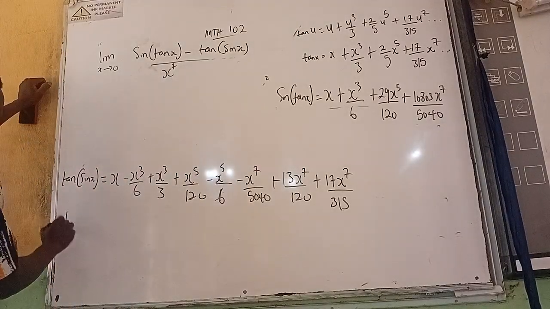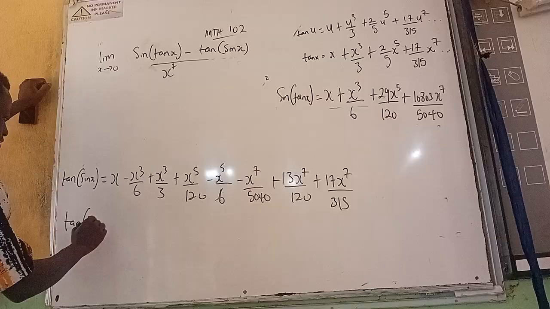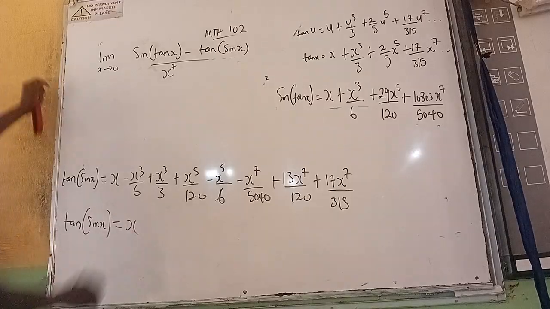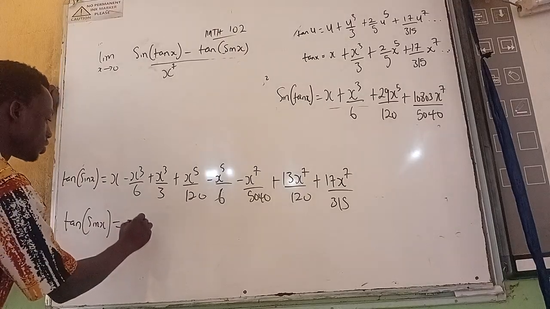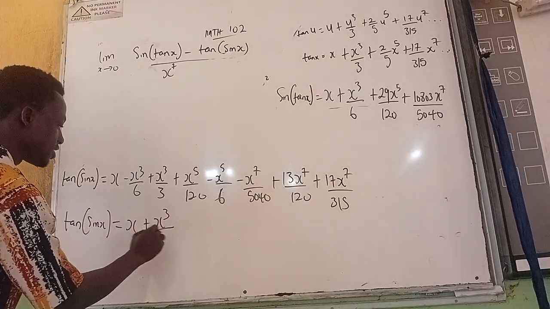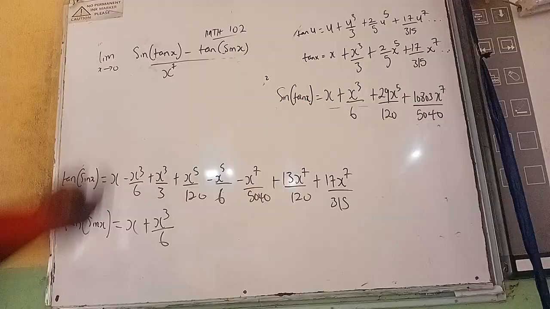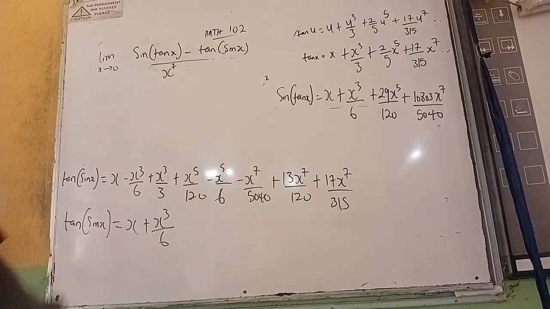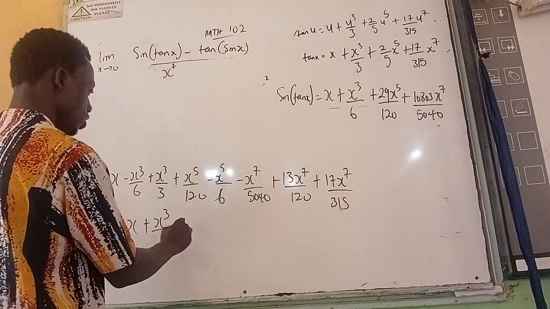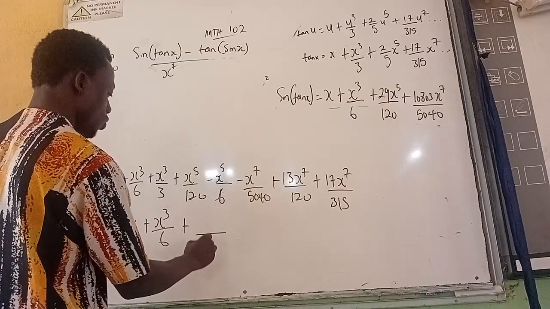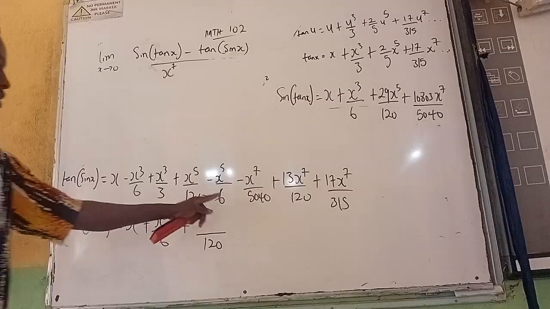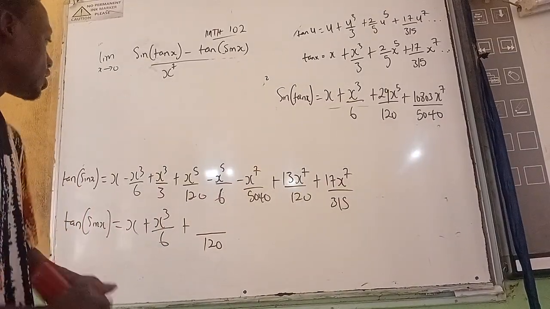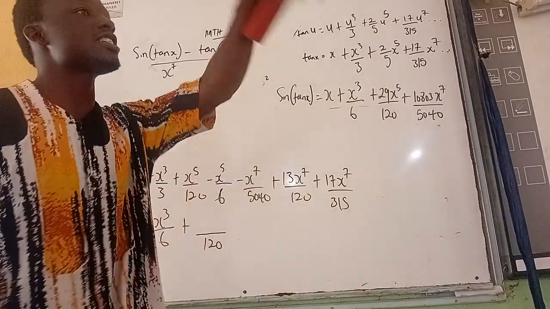So here now we have tan(sin x) equals x minus x cube over 6 plus x cube over 3. It's going to give us what? x cube over 6. It's just like minus 1 over 6 plus 1 over 3. It's going to give you 1 over 6. Plus, what's the LCM for this one? 120, right? 120 in 120, x^5. 6 in 120, 20. x^5 minus 20x^5.